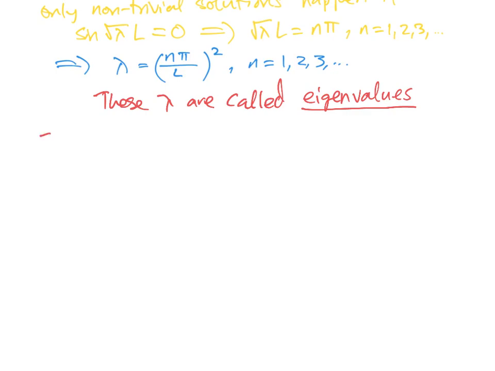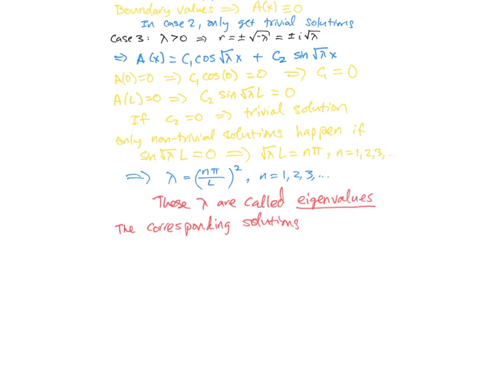And the corresponding solutions, which of course are, so remember up here our solution was looking like C1 cosine plus C2 sine, but our C1 is 0, and our C2 is still going to be something.